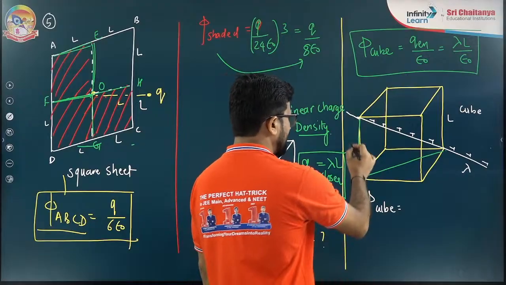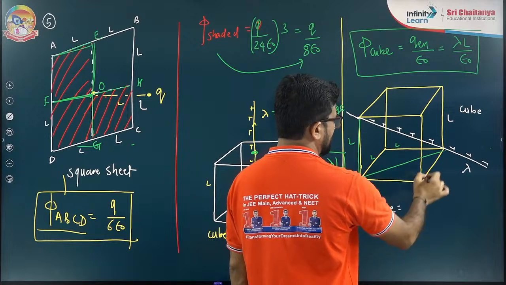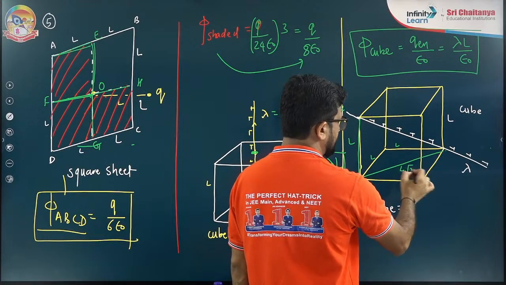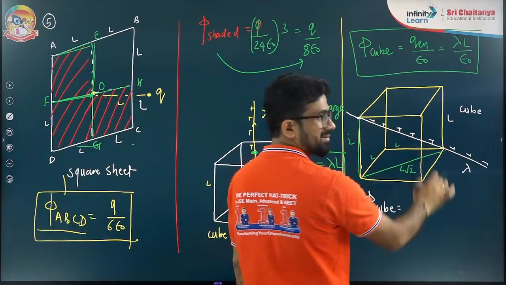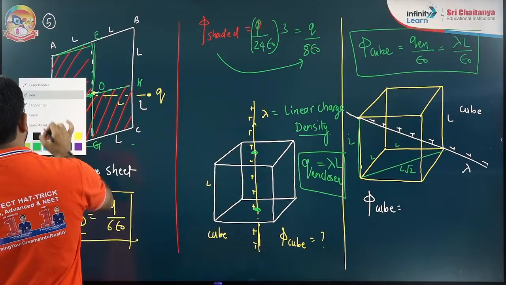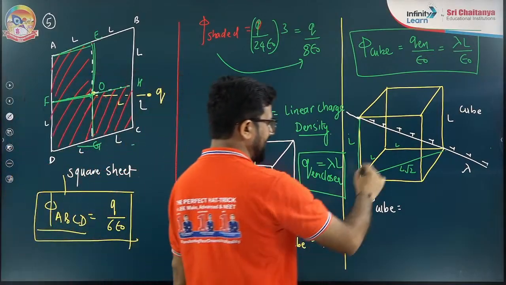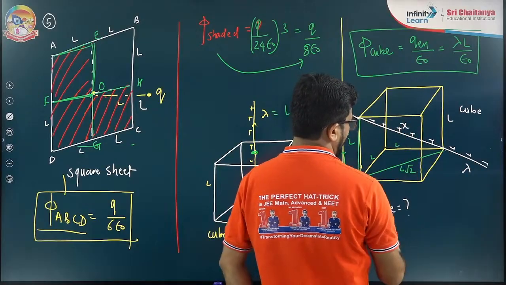This is L, this is L, because this is a square sheet, so this is L root 2. Now I want to calculate this length. Suppose the distance is x.